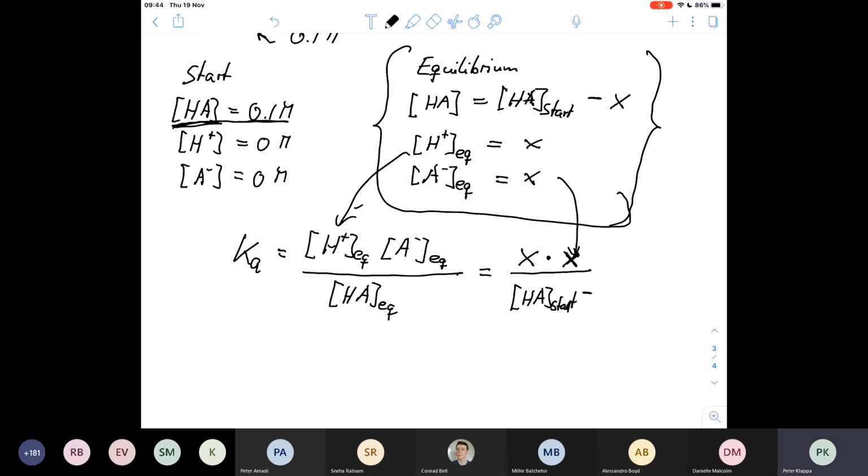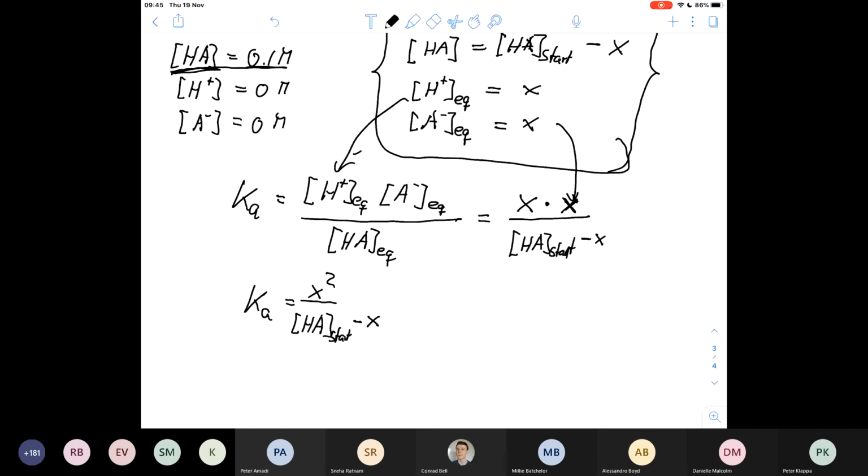So we can write this as Ka equals X squared divided by HA start minus X. Okay? Makes sense?